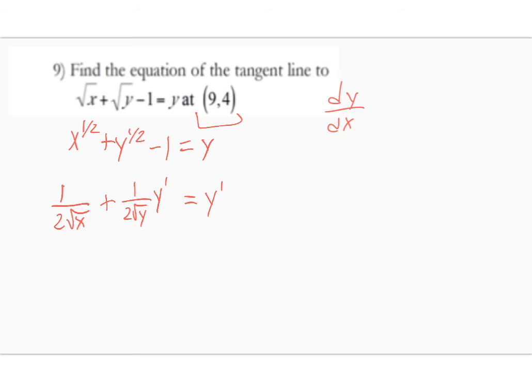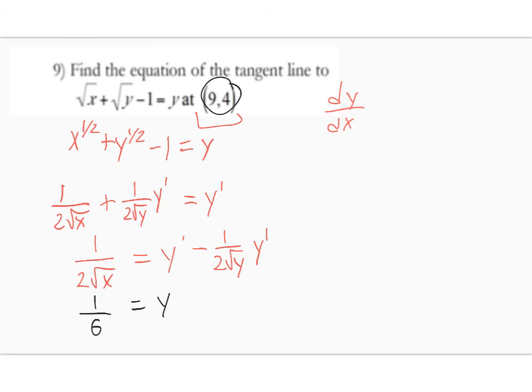Doing the usual, I'm going to bring my y primes on one side. And when we do that, we get y prime minus 1 over 2 root y, y prime. I'm going to plug in my point so I don't make the same mistake I made in the previous problem. And when we do that, 9 comma 4, we get 1 over 2 times 3 is 6. Y prime we don't know. 1 over 2 times 2 is 4.